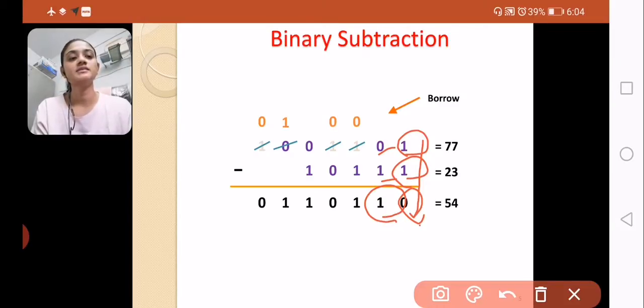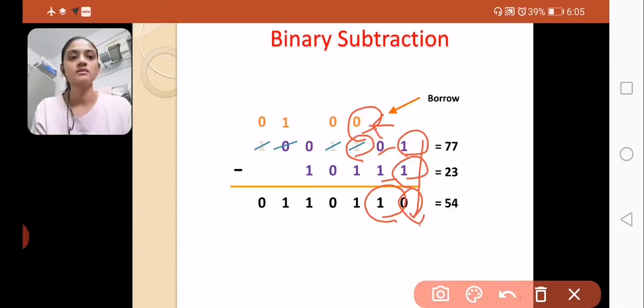But here 1 is not taken, but whatever bit is available in the next, just the opposite of it you have to write here for the calculation. So here 1 is given, so its opposite is 0. So 0 you have to consider.